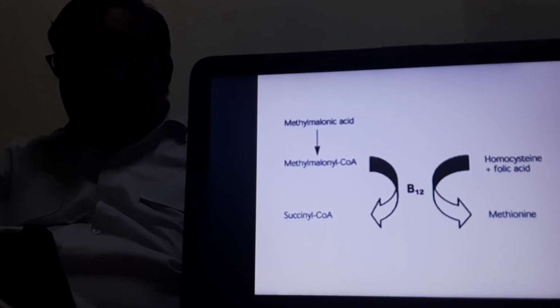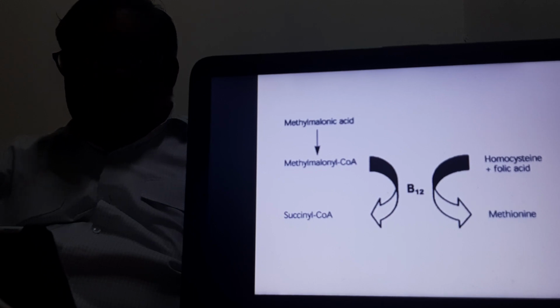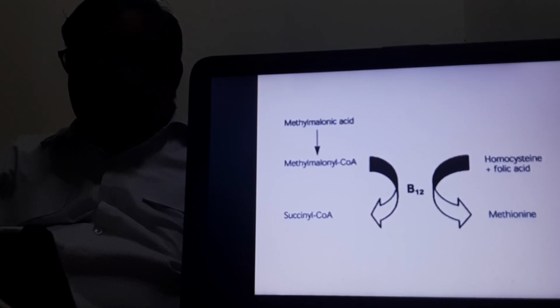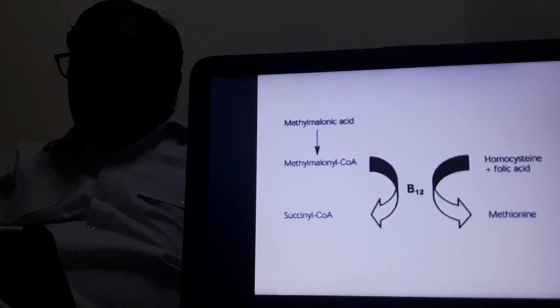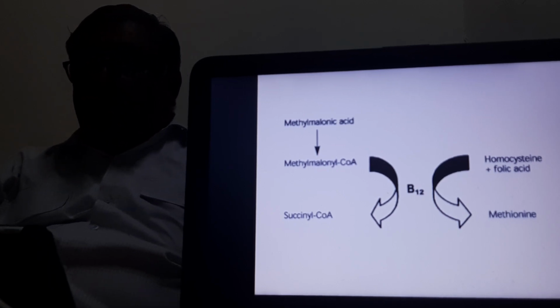So that is the whole thing. This is a transfer of the methyl group in which everything works in symphony. And the folic acid is necessary for DNA synthesis and conversion of homocysteine to methionine. And methionine further donates it to the other organs, other systems.